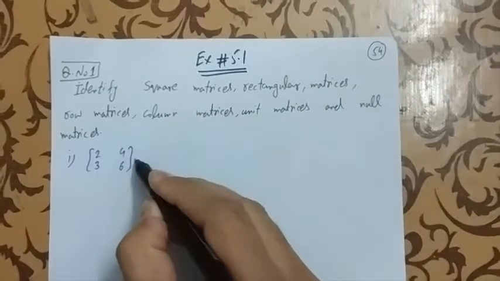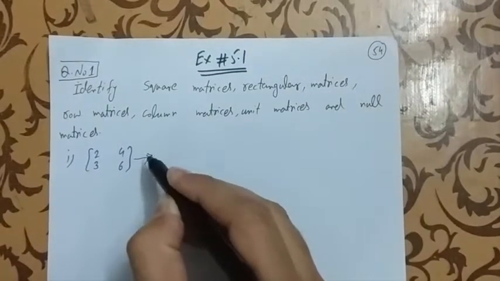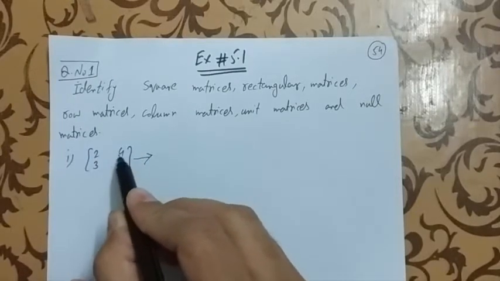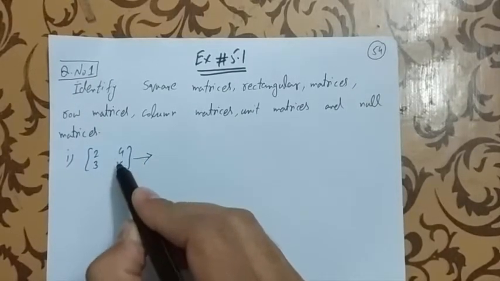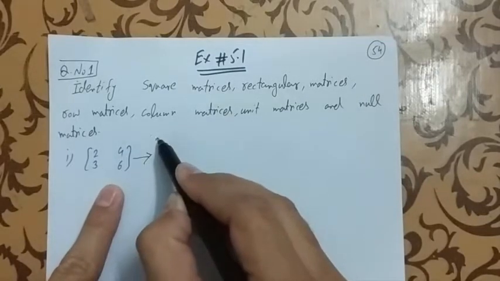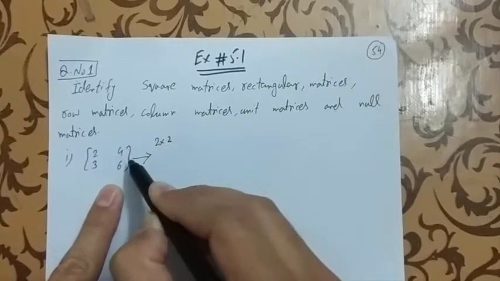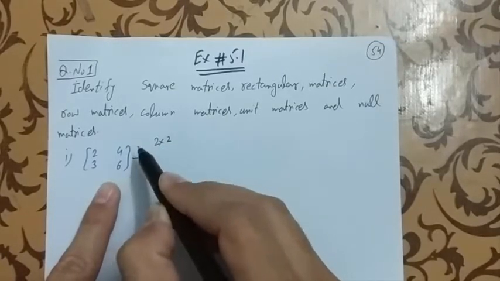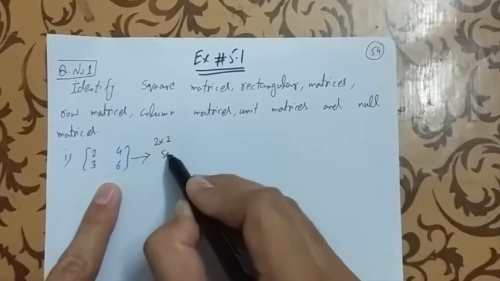You know very well from the previous lecture, if the number of rows and the number of columns are equal, then this matrix is known as a square matrix. So its order is 2 by 2, and we can say it is a square matrix.